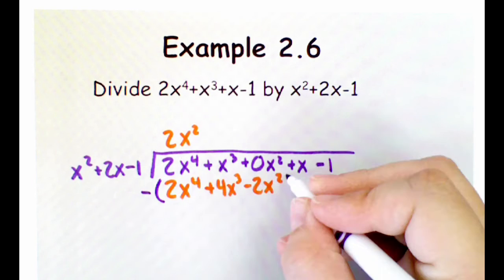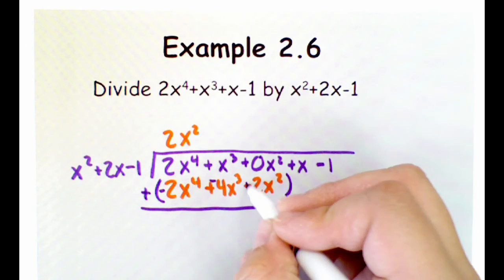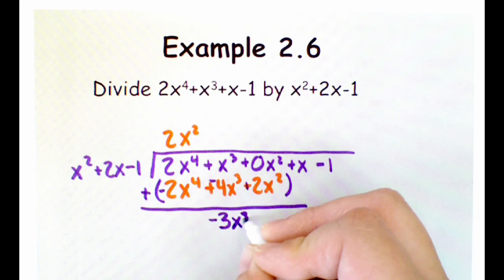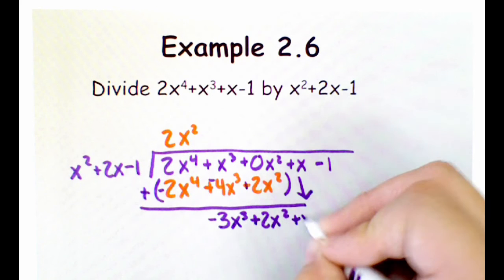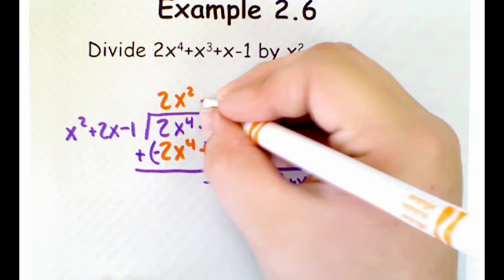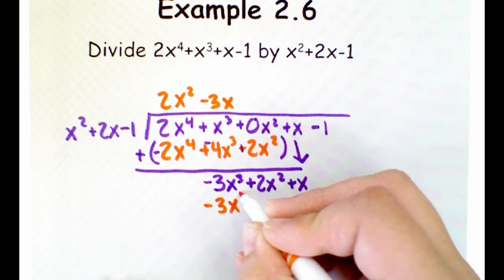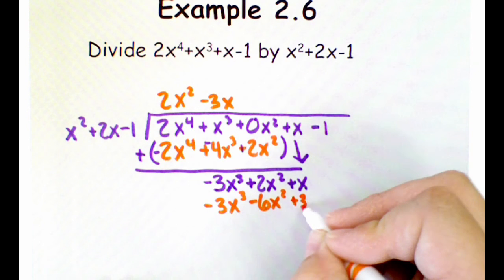When I subtract and distribute that subtraction, we get a 0. We get negative 3x cubed plus 2x squared. Bring down the next term. All right, so that's going to need a negative 3x here. Distribute that, I get negative 3x cubed minus 6x squared plus 3x.